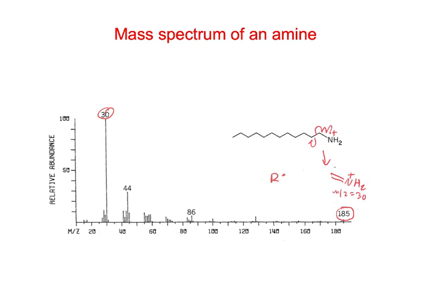So any long primary amines like this that have some chain off of them are going to give this same predominant ion. It doesn't give us much else. And we don't see much of this, right?